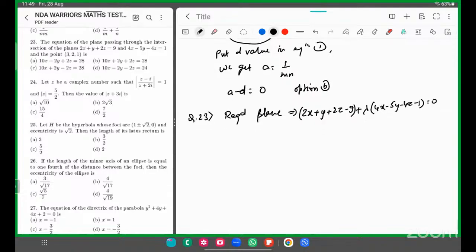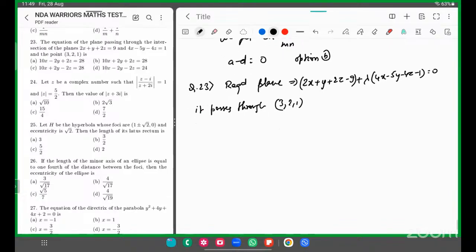They have given that it is passing through some point, (3, 2, 1). Put this value in the above equation.